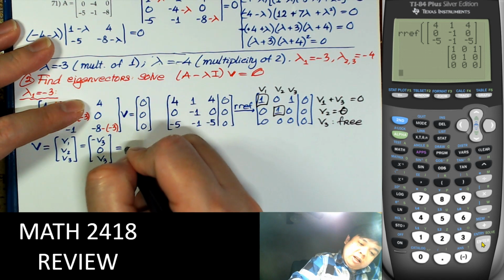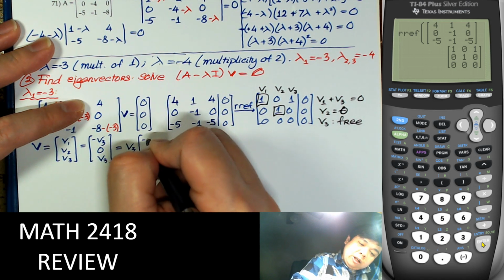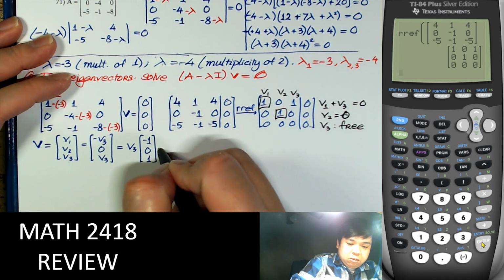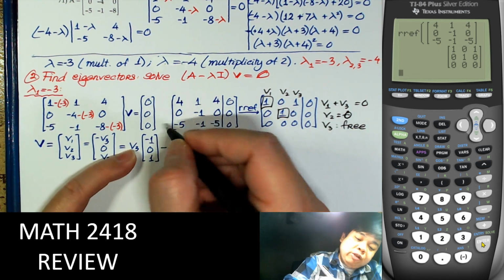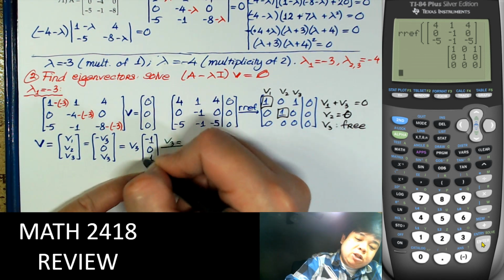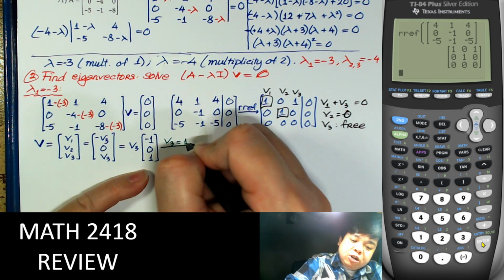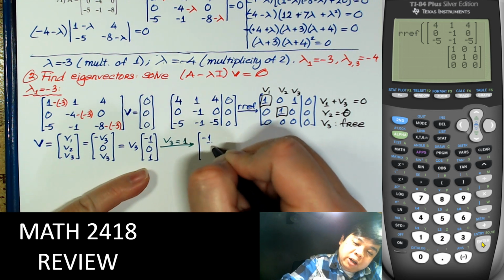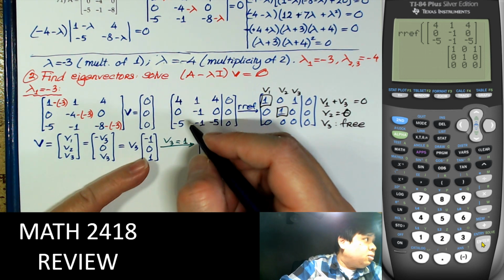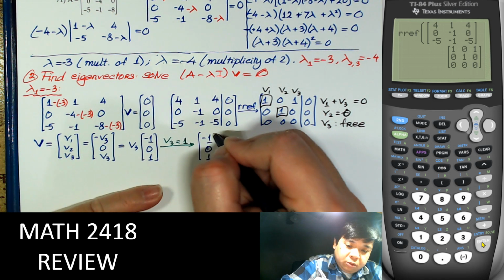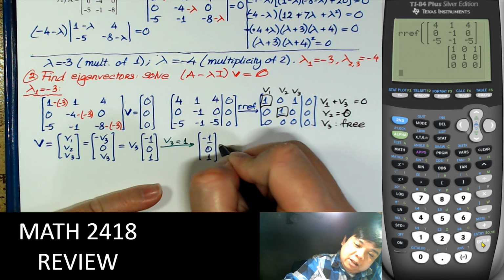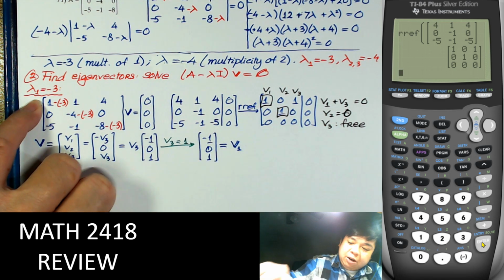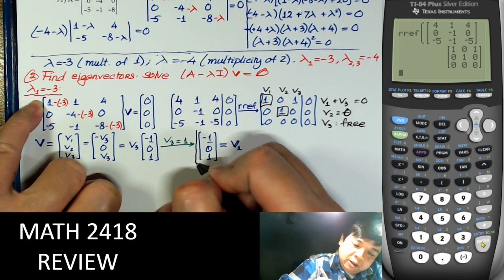So that gives us v3 times negative 1, 0 and 1. And we choose v3 to be something nice, so that the vector is nice and even. I just choose 1. So I have the vector negative 1, 0 and 1. And that is the vector corresponding to this eigenvalue of negative 3. So that's what we have.